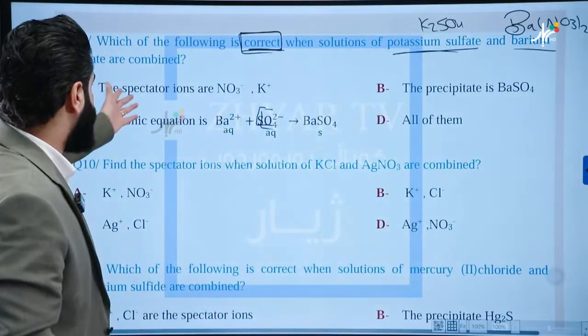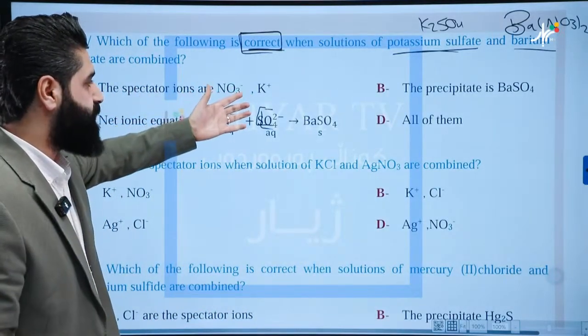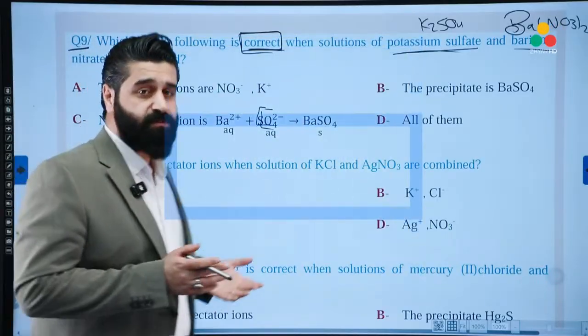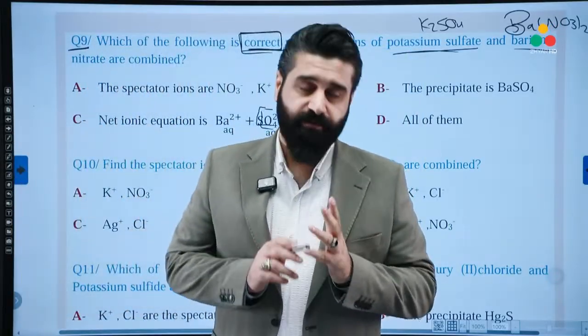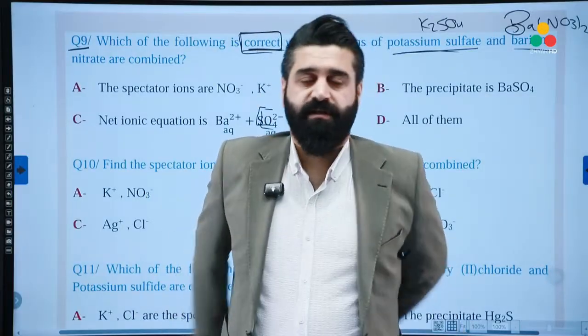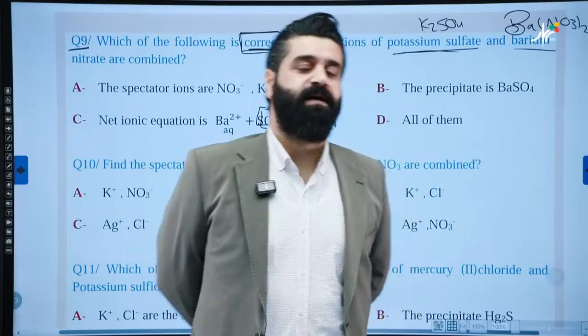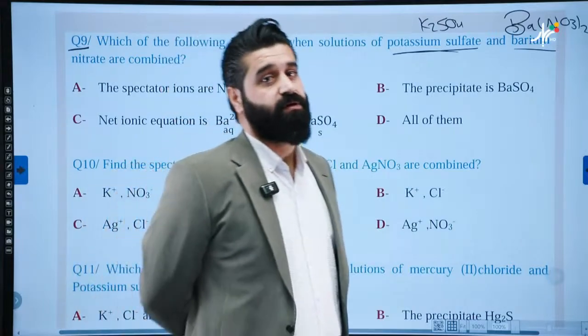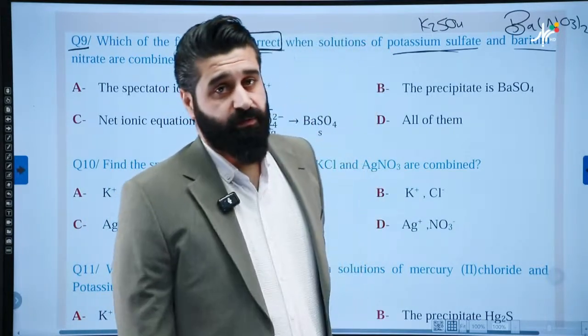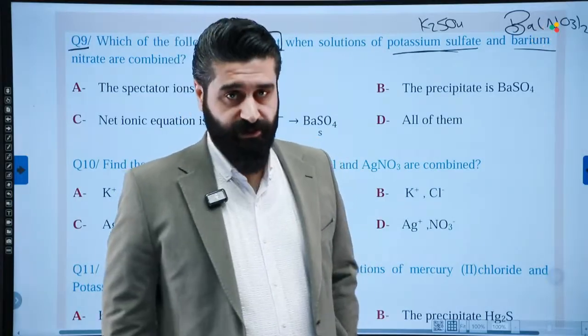As you can see, we have the spectator ions, the precipitate, or the net ionic equation. That's why we need to do the 4 steps. First, write the double displacement, then the overall ionic equation, and cancel the spectator ions, the ions that do not appear in the net ionic equation. Lastly, we specify the net ionic equation.